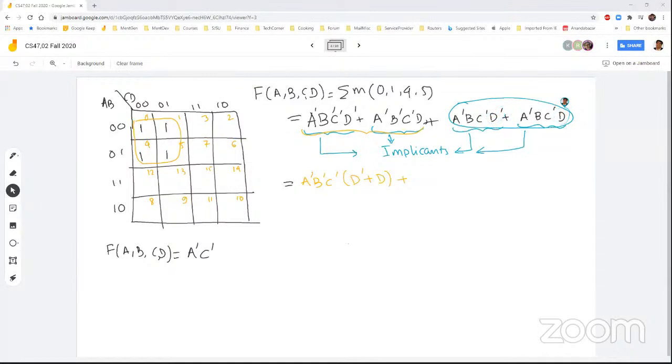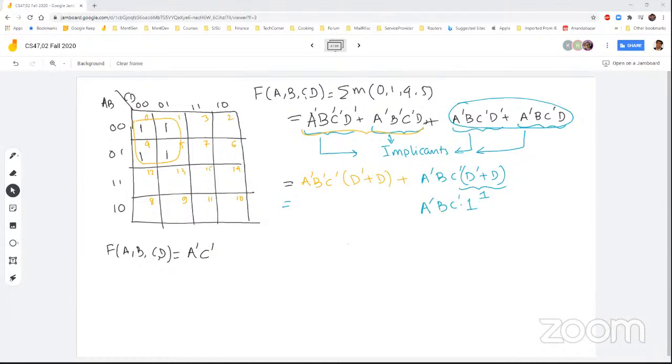So we can write A bar, B, C bar, D bar or D. Now you see this D bar or D is nothing but 1, by the identity. So we can write it simply as A bar, B bar, C bar, and 1.